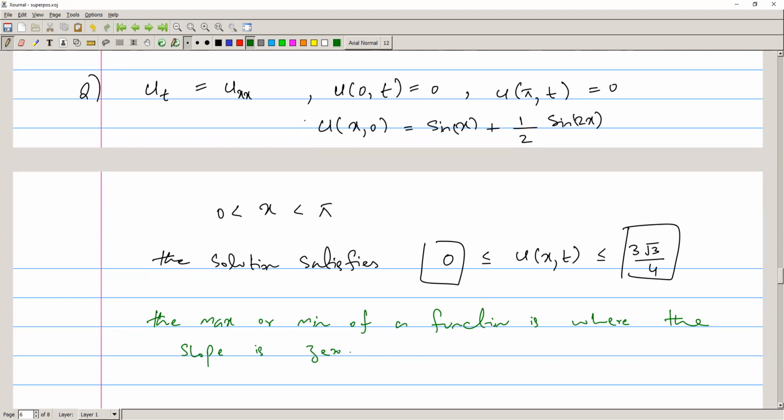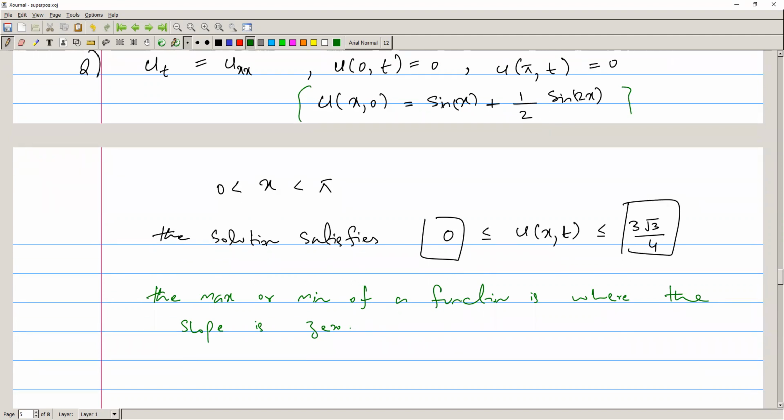So now we can use the initial condition, because we know that the solution of this heat equation will be derived from this initial condition, and the initial condition plays a big role.